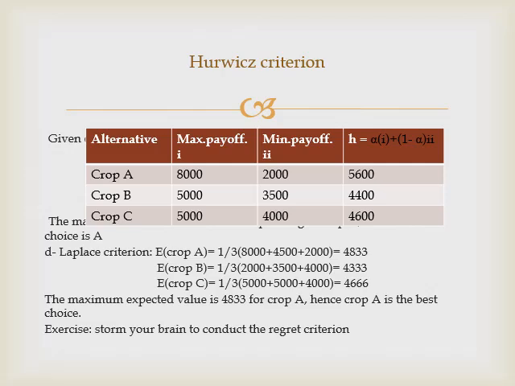The maximum payoff for group A is 8,000, for B is 5,000, for C also is 5,000. Min payoff for A is 2,000, for B 3,500, for C is 4,000.